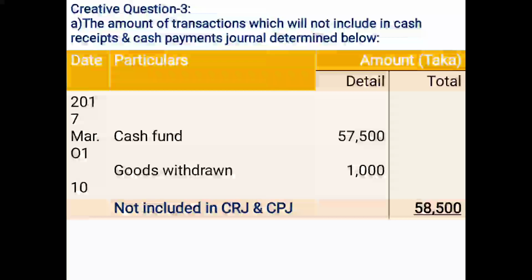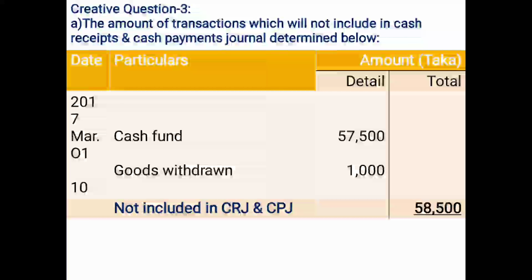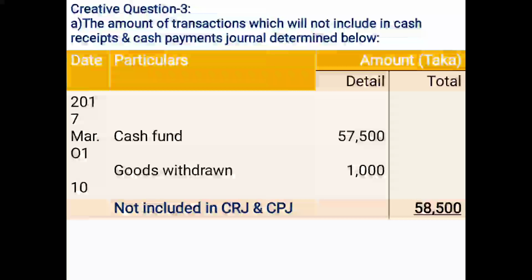Four columns are used for this requirement: date, particulars, amount taka, detail, amount taka, total. In this requirement, only 2 transactions are recorded, which are not included in the cash receipt journal and cash payment journal.